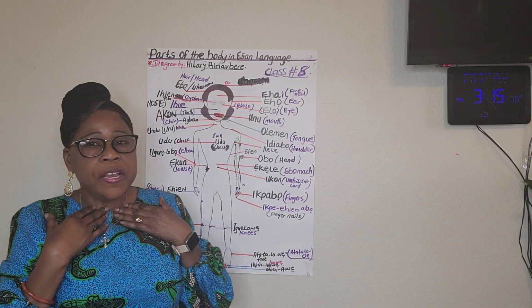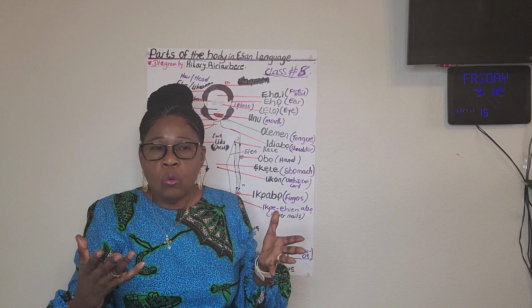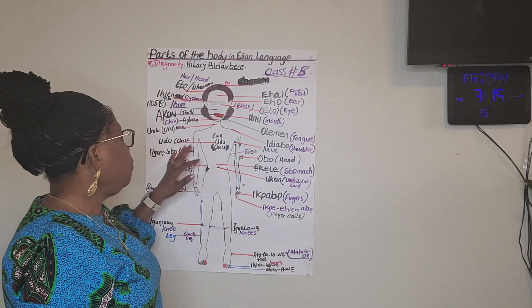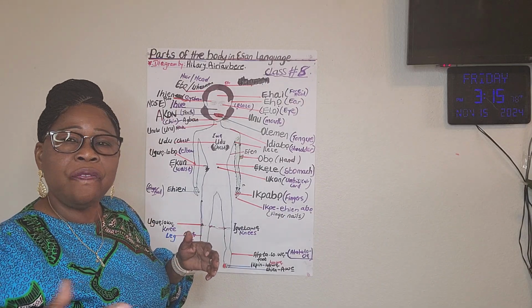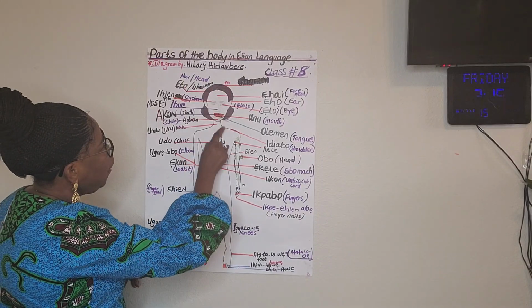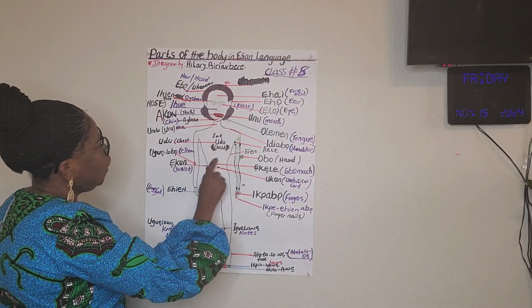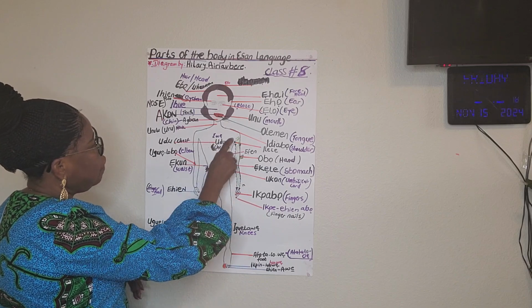And then below you see the neck. This is my neck. The neck is called uru or urulu. So if you want to drag it, it is urulu, or just cut it brief, uru. That's the neck. Then you have this whole area. This broad area is called the chest. In the chest you have breast somewhere.